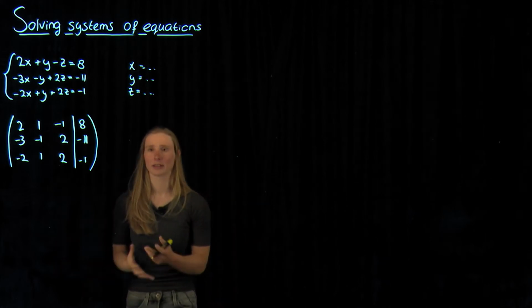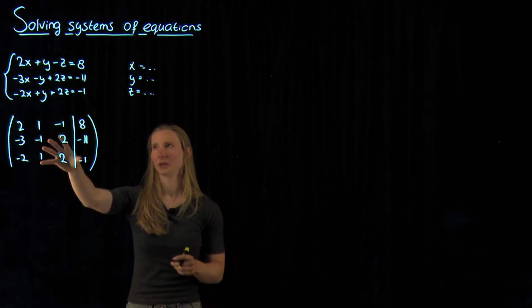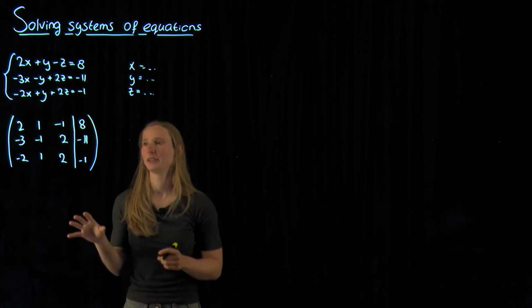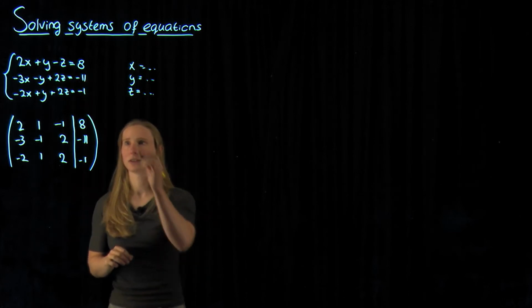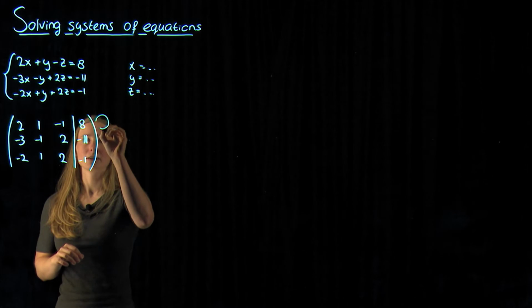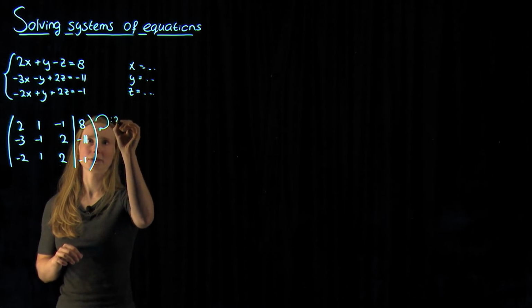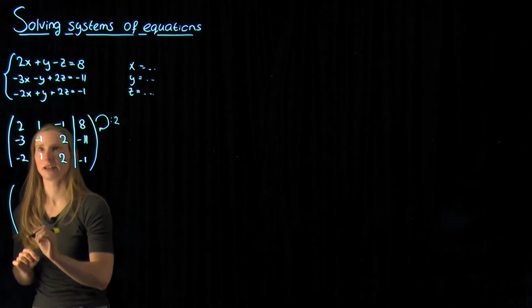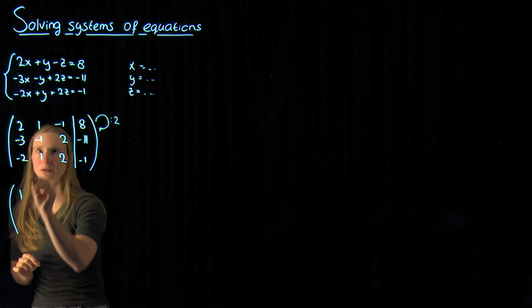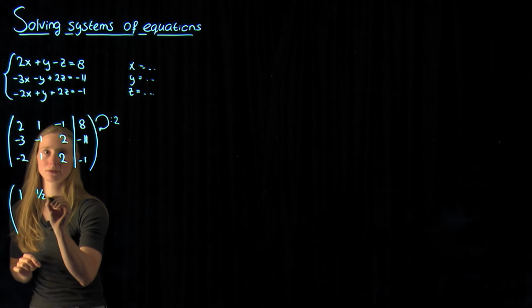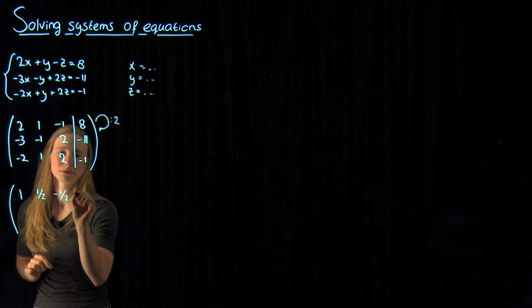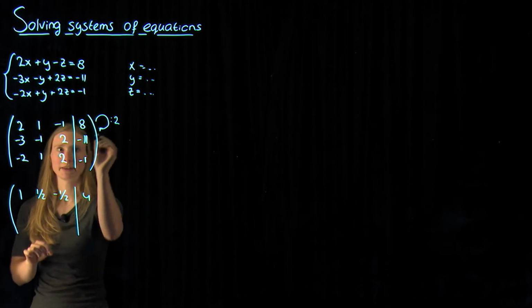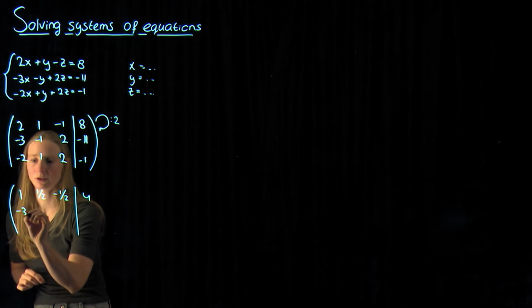To give you one example of what happens if we do some calculation here and what that means for the equations, let's say we divide this first row by 2. Then we end up with the matrix 1, 1/2, minus 1/2, and 4, and the other 2 rows are as before.